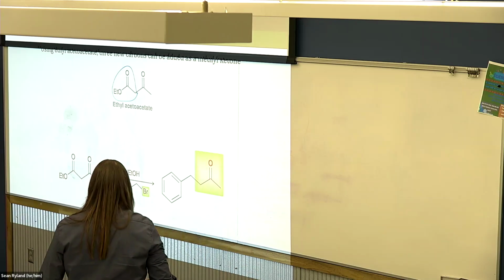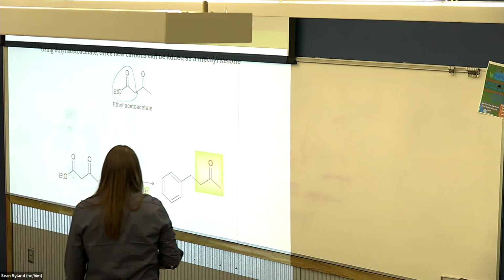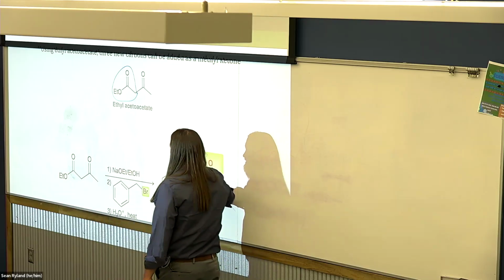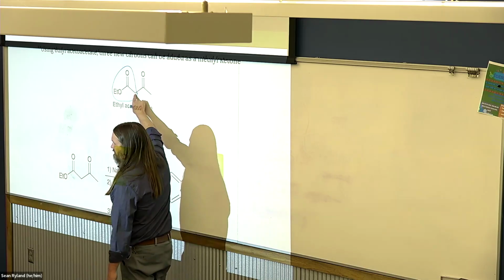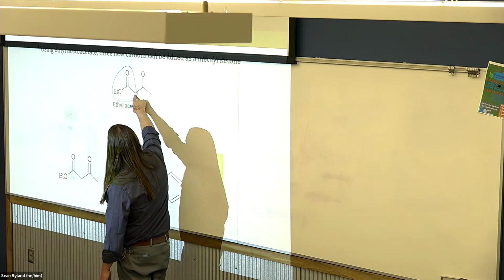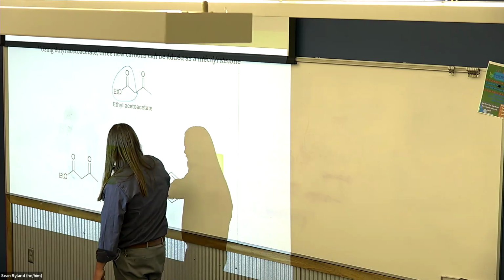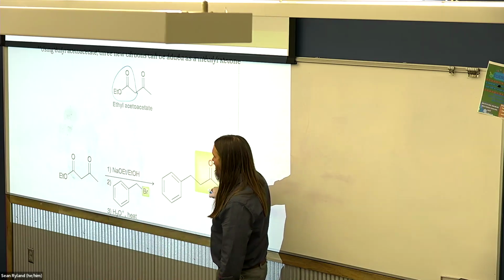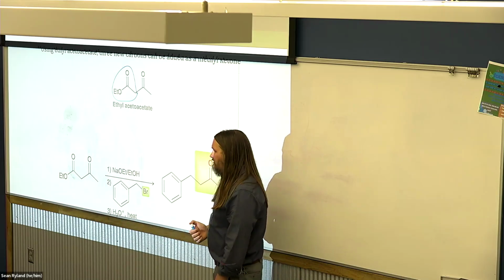This is basically just another way of doing the same exact thing we did, because it's still going to work by deprotonating this doubly stabilized alpha carbon, and then using it as a nucleophile. But instead of getting a carboxylic acid attached, we get a ketone attached.